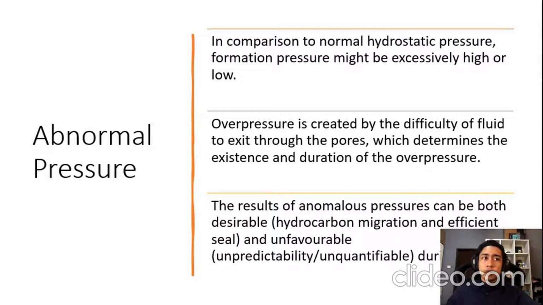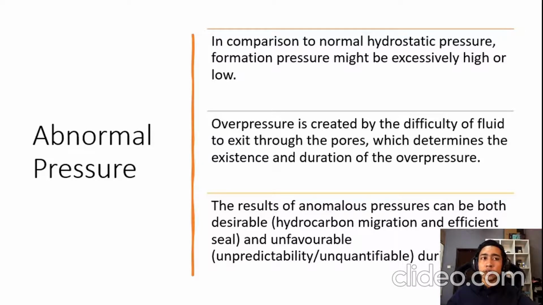Formation pressure can be abnormally high or low with respect to normal hydrostatic pressure. The distribution of abnormal pressure is geographical and vertical, not only in older formations, but it can also occur in recent sediment. Abnormal pressure is caused by an inability of fluid to escape from the pores, which conditions the existence and duration of overpressure.